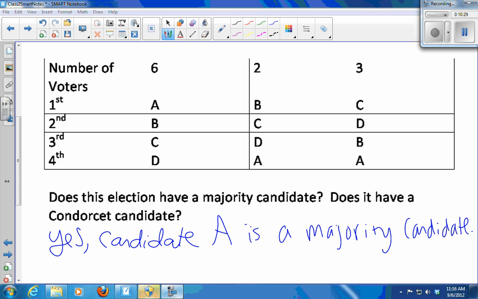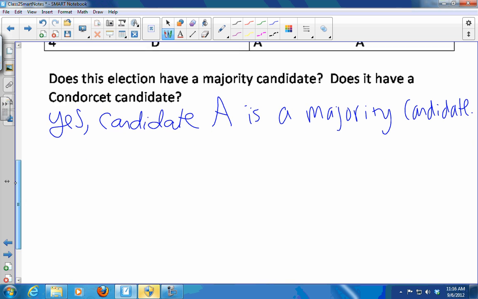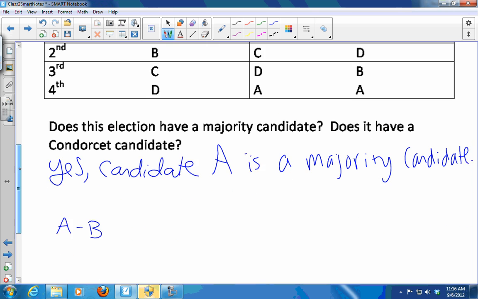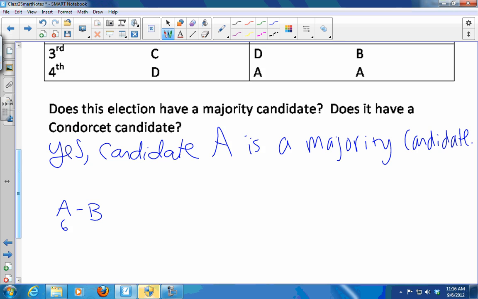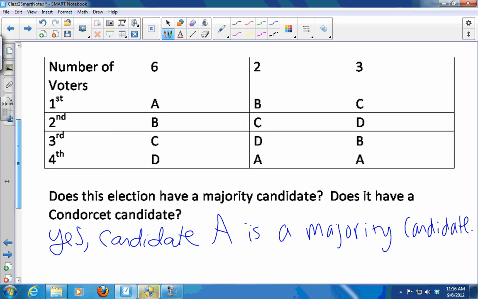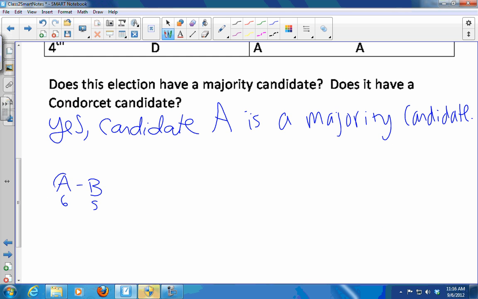All right, is there a Condorcet candidate? Is there a candidate who would beat anyone else head to head? Who? A. A is also Condorcet. So if I did A versus B, A would get 6 votes, B would get 5. They would get these 2 and these 3, because both of those sets rank above A. 6 to 5, A wins.